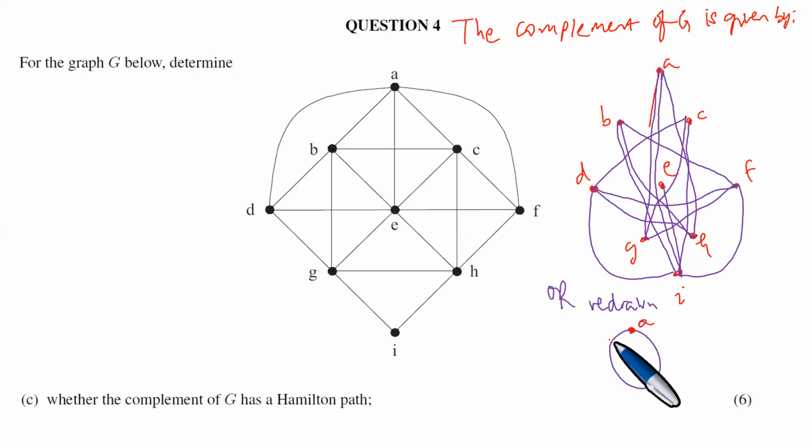You can put G here, you can put H here, you put D here, we put F here, we put B here, we put C here, we put I there, and then we put E here.